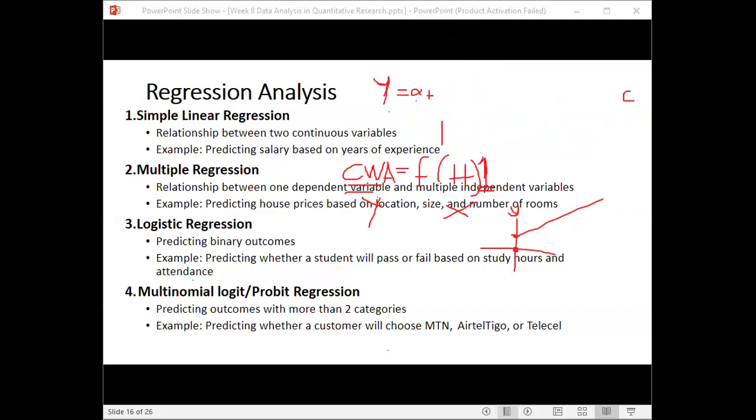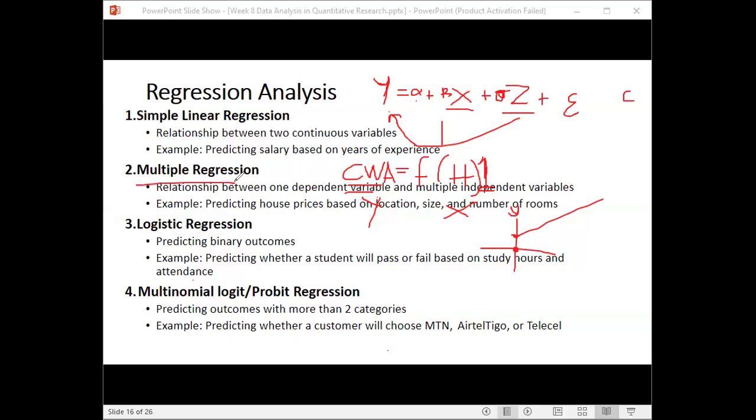In that instance, it's going to be y is equal to alpha plus, say, beta x plus sigma, let's say, z plus the error term, right? And so now we have two variables explaining the dependent variable y. And that's what makes it a multiple regression analysis. That's all. That's nothing else.